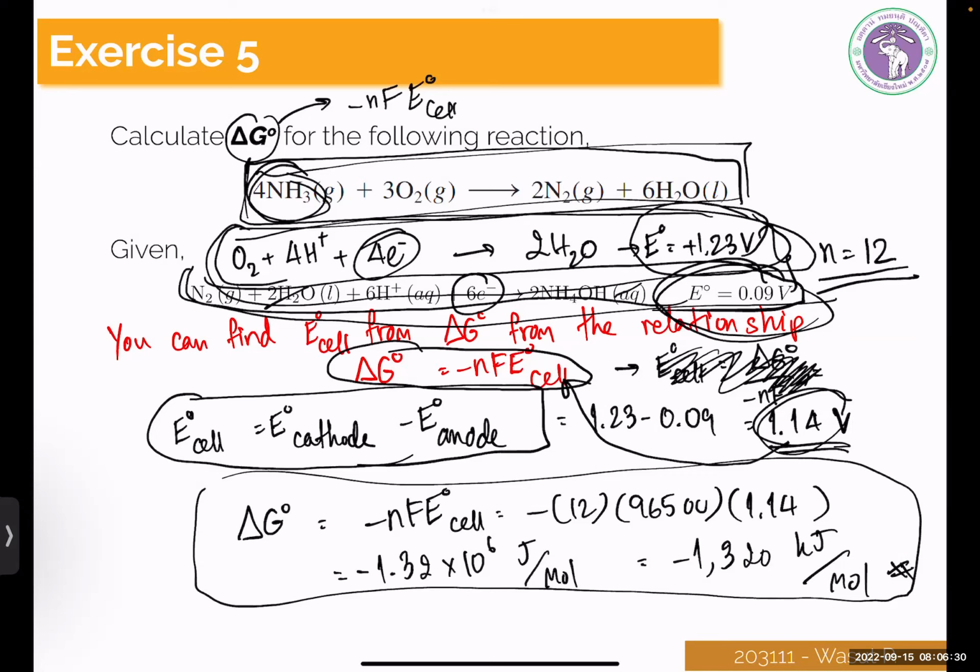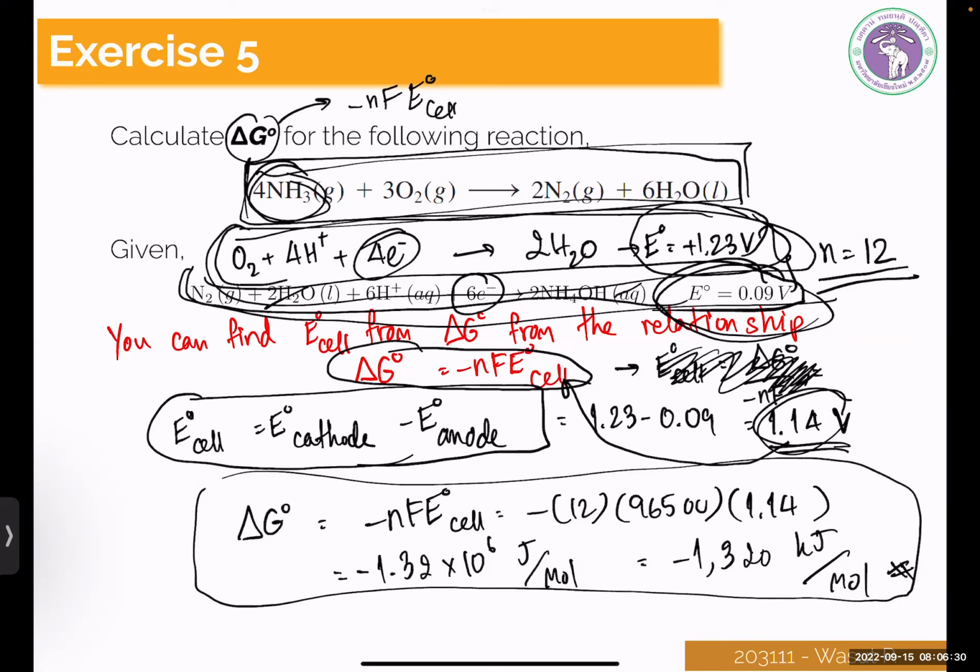You can see here that this number is negative. What does it mean? Is this reaction spontaneous or not spontaneous under standard state, looking from the value of G naught?